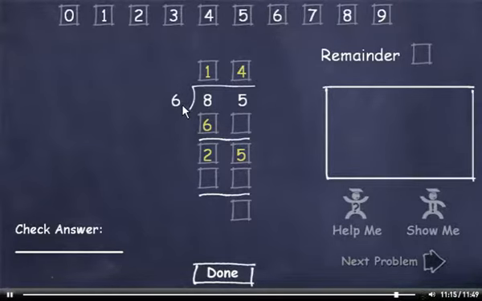Four times 6 is 24. Five minus 4 is 1. And 2 minus 2 is 0. 1 goes in the remainder field. The answer is 14 remainder 1. Now I'll click the Done button.